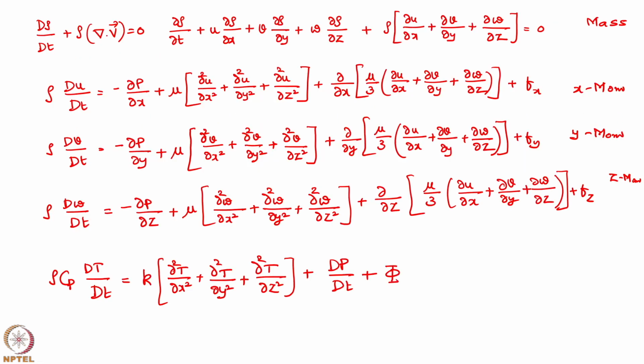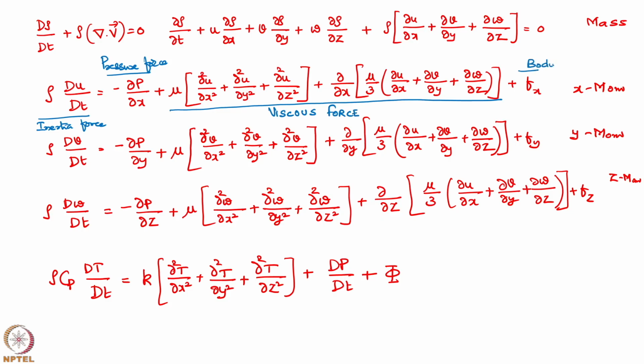So this term is the inertia force, that is mass into acceleration, and this is the pressure force, dou p by dou x, and the whole of this is the viscous force, and this is the body force. This is the physical significance of each of these terms, and it is the same for the y and z momentum equations.